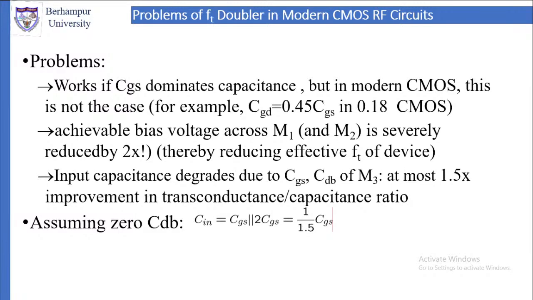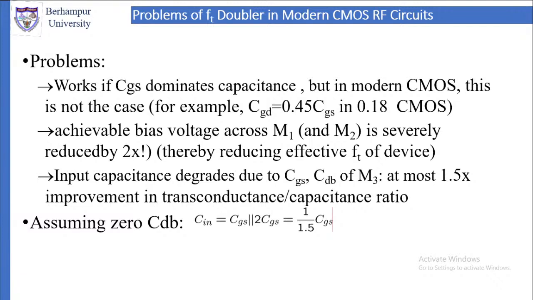CGS will not dominate the capacitance. For example, CGD will be 0.45 times the CGS in 0.18 CMOS. So CGD is almost half of CGS, and it cannot be neglected. So that is a problem if you use modern CMOS circuits.